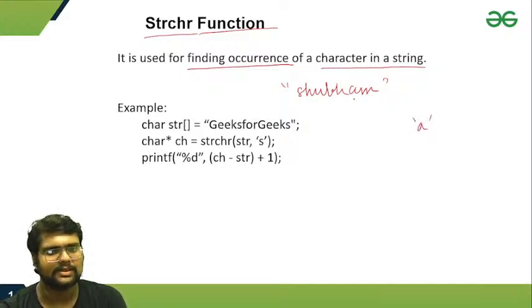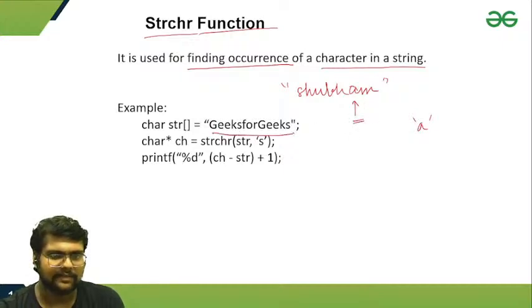It is present here, so this function will return the pointer to the location where the a is present. For example, if I have GeeksforGeeks and I want to search for the character s in it, then I will use this function and get a pointer to this first s in ch. And when I print it, I will get the location of it.